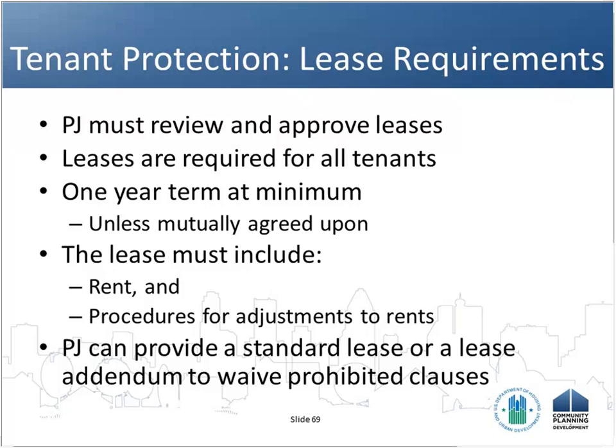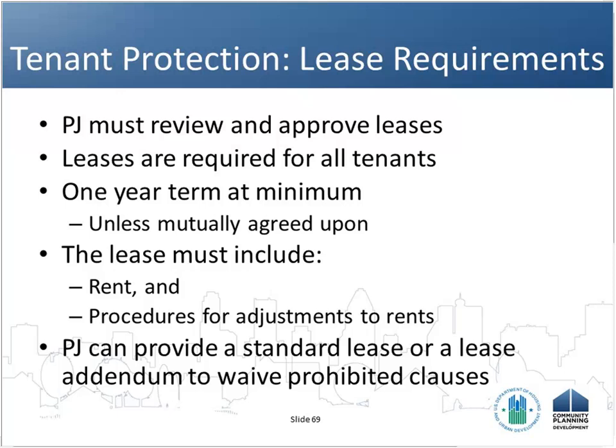They can go to a month-to-month renewal after the completion of the first year. We can have different terms if it's mutually agreed upon by both the project and the occupant. And of course, the lease is going to include information about the rent and about the procedures for adjusting rent. So we're going to be talking, of course, for HOME about the fact that their income will be re-verified annually.